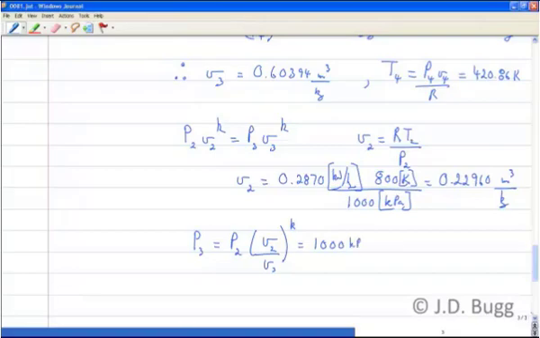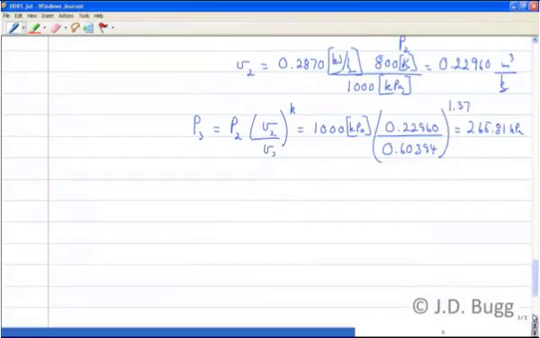So 1000 kPa, ratio of these volumes, 0.22960 divided by 0.60394. And that's raised to the power 1.37. That pressure works out to 265.81 kilopascals. So P3 we know.